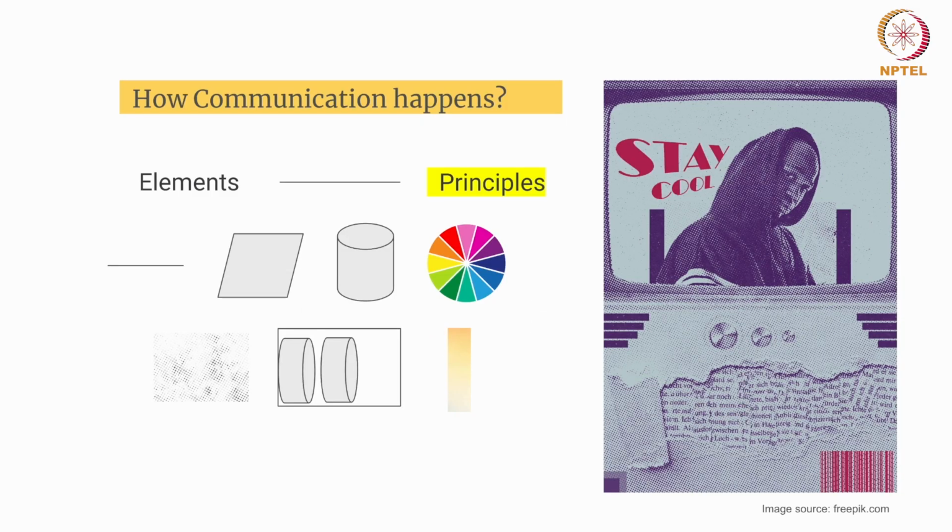Now let's see an example here. In this image, you can see clearly how the elements of design are used to create the idea of the overall poster. And that idea is expressed using principles of design. So you can see lines in this composition here.